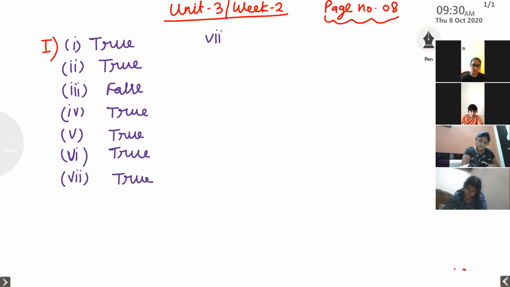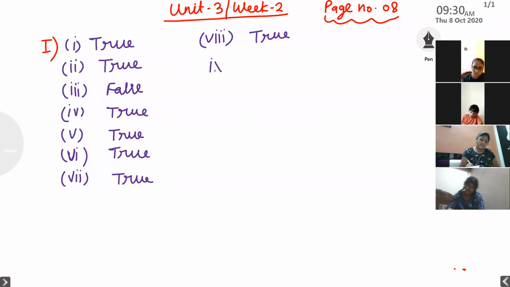Eighth, we can construct a unique quadrilateral whose 3 sides and any 2 angles are given. This is true, beta, because if they have given 3 sides and 2 angles, we can draw unique, means only one quadrilateral. Answer is true.